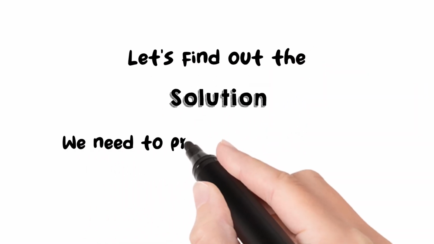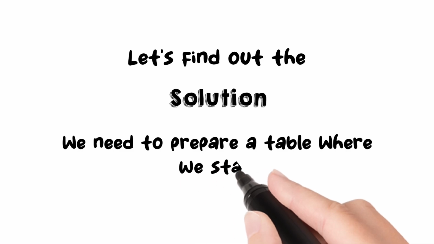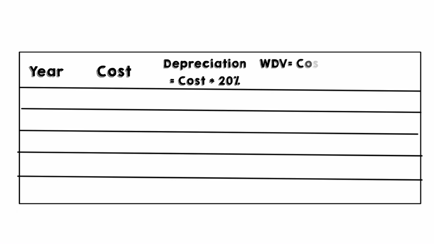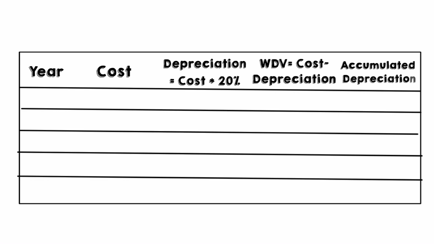We need to prepare a table where we start from the years, cost. Depreciation equals cost times 20%. WDV equals cost minus depreciation. Accumulated depreciation. For first year, cost $10,000, depreciation $2,000, WDV $8,000, accumulated depreciation $2,000.